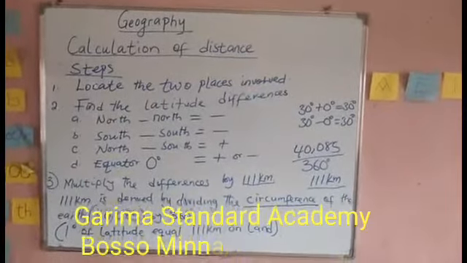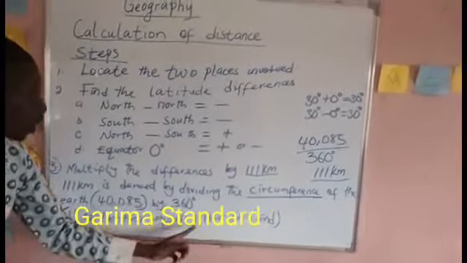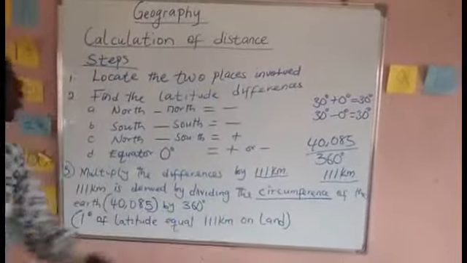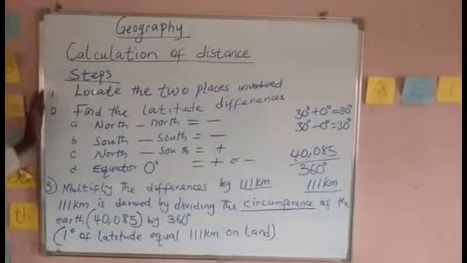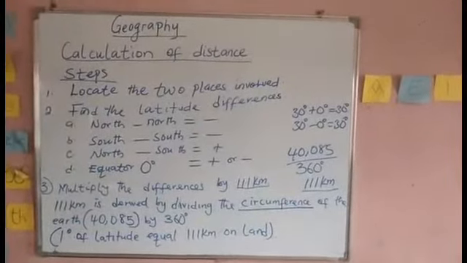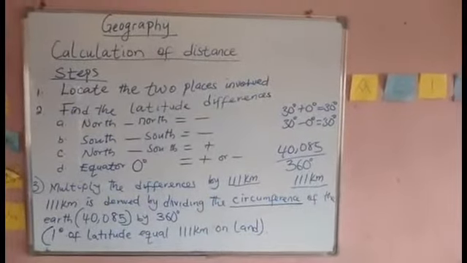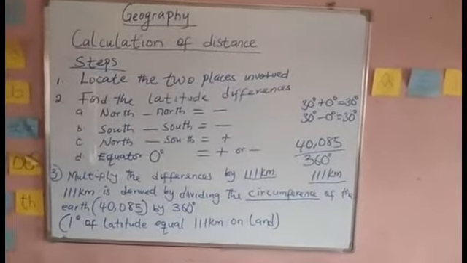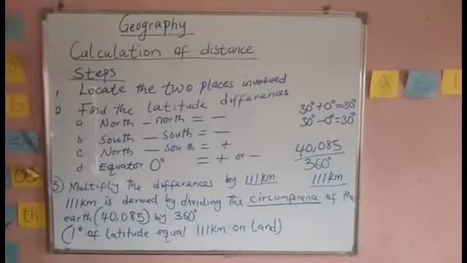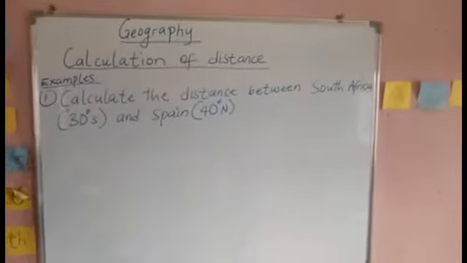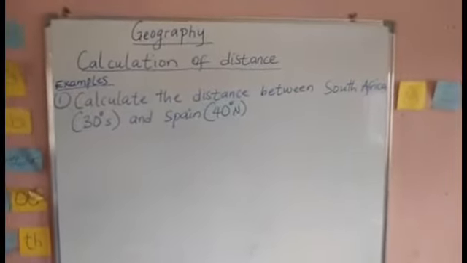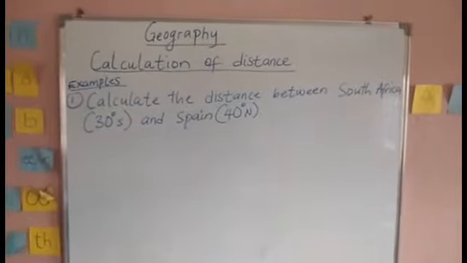These are the steps we need to follow in order to successfully calculate the distance between one point and the other on the globe. Let's look at some examples.